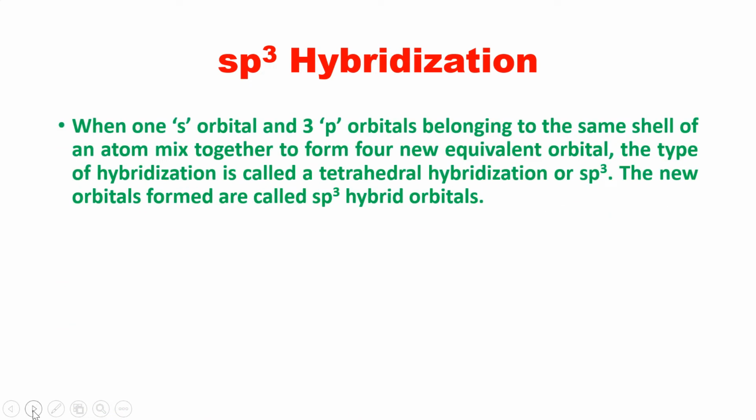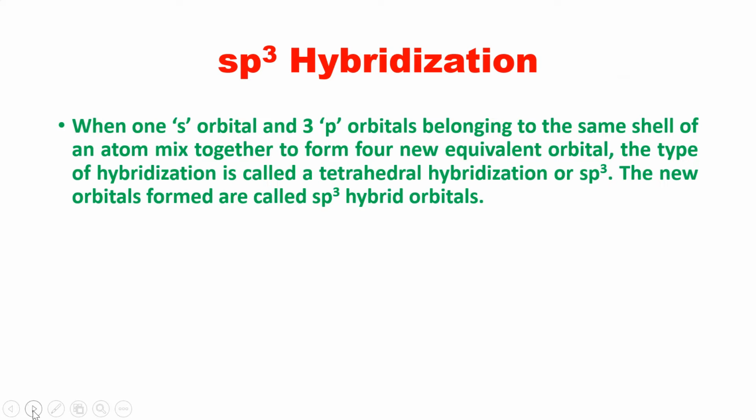Name itself indicates that one s orbital and three p orbitals belonging to the same shell of an atom mix together to form four equivalent orbitals. When they move towards an excited state from a ground state and become hybrid, there is mixing of one s orbital and three p orbitals.